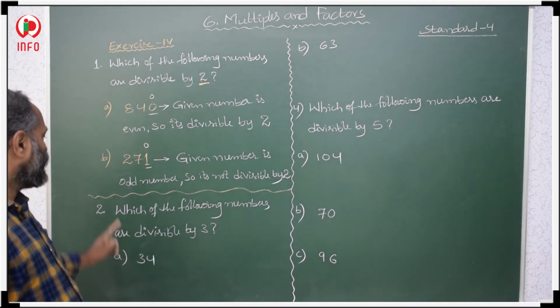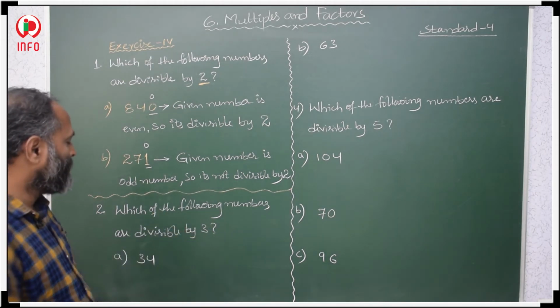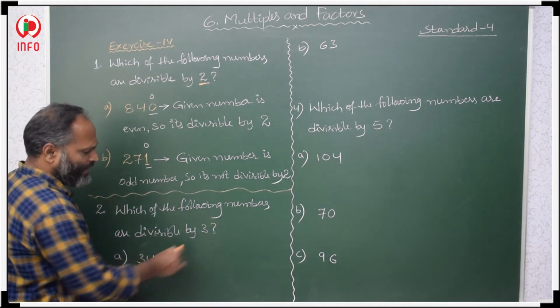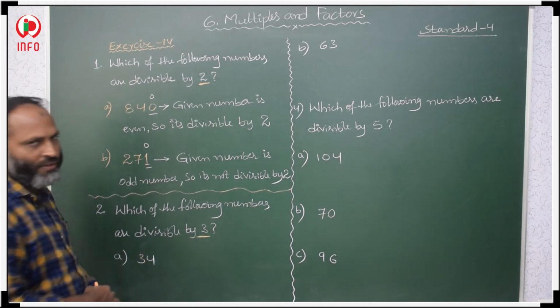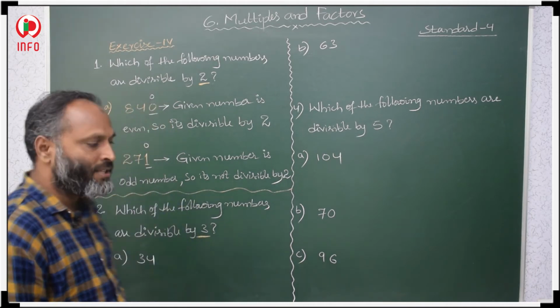Next, in the second bit, which of the following numbers are divisible by 3? Here is the divisibility test for 3. What is the divisibility test for 3? We have to add the sum of the digits first.